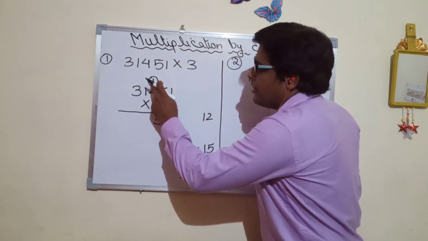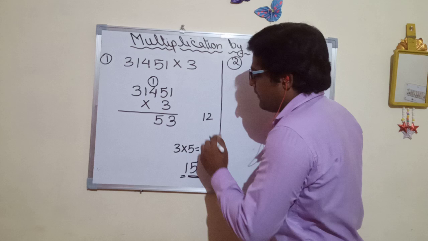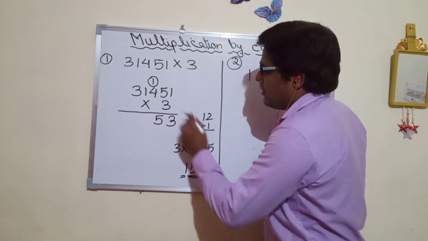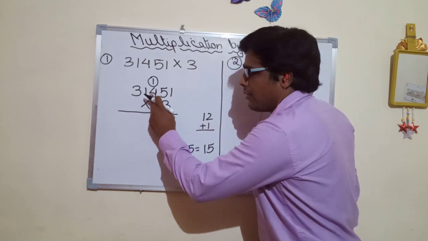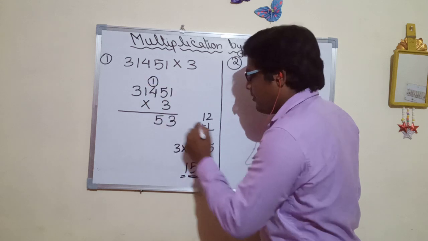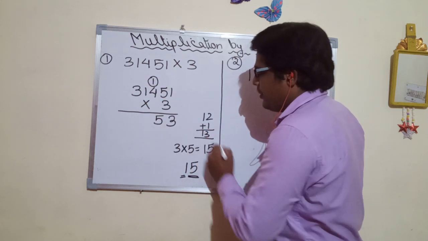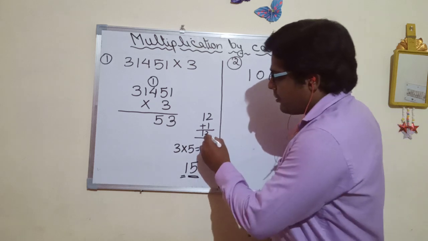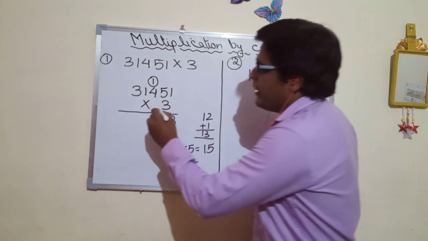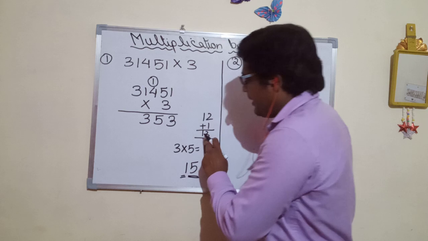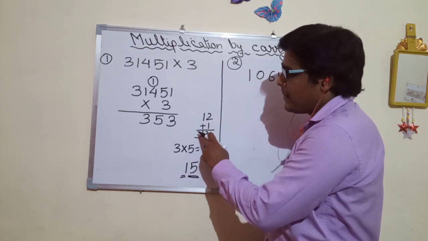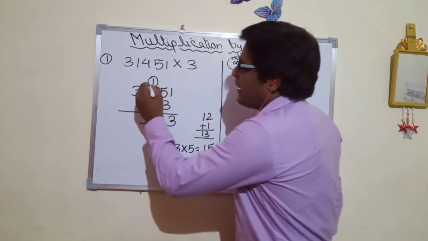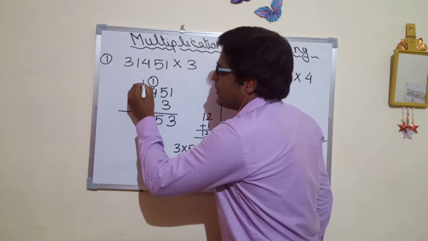Now this 1 you have to add it with 12. 12 plus 1, how much you will get? 13. 1 and 3. 3 is in ones place, so here you will write 3, and the number which is in tens place, that is 1, will be carried above this 1.